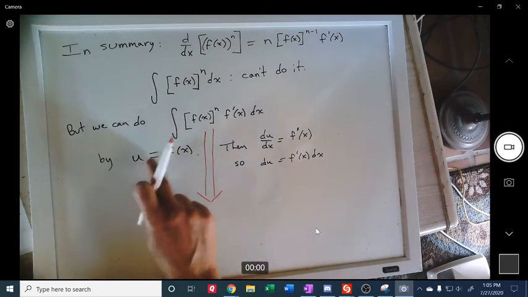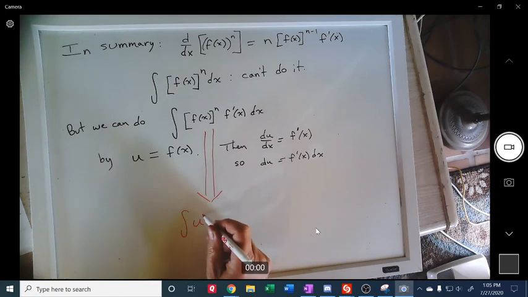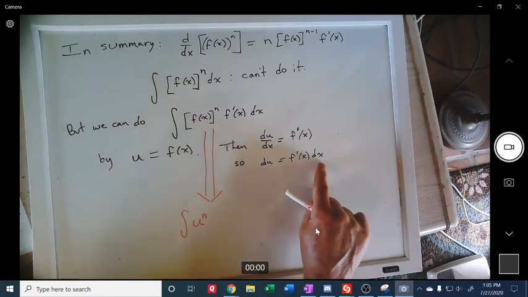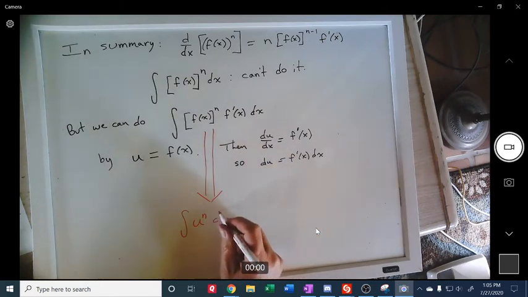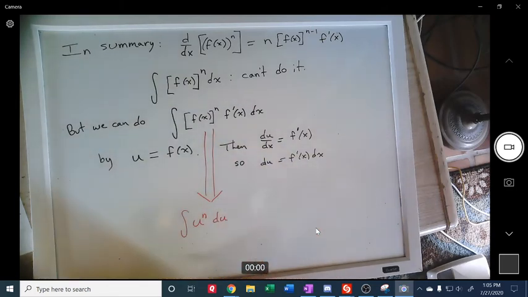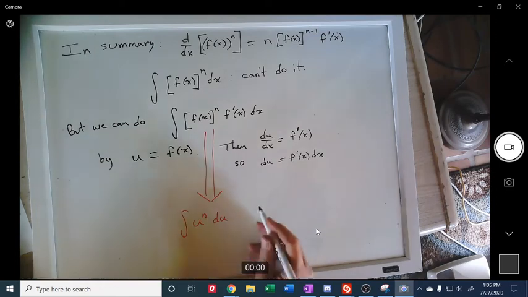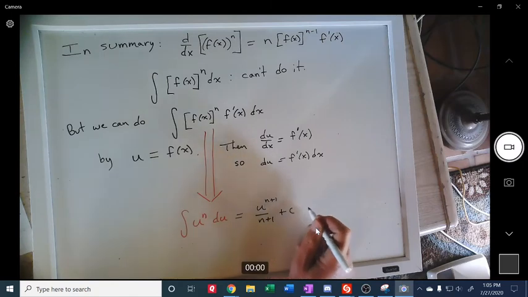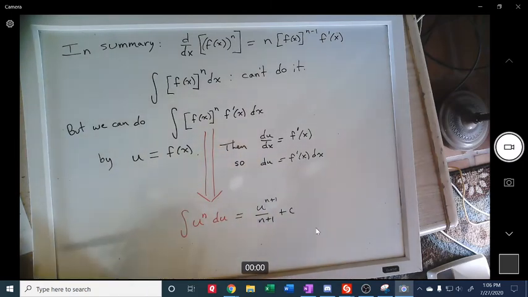U replaces f of x, so we get u to the n, and then f prime of x dx all gets replaced by du. And this is just the power rule: u to the n plus 1 over n plus 1 plus a constant, and we'll get an answer.